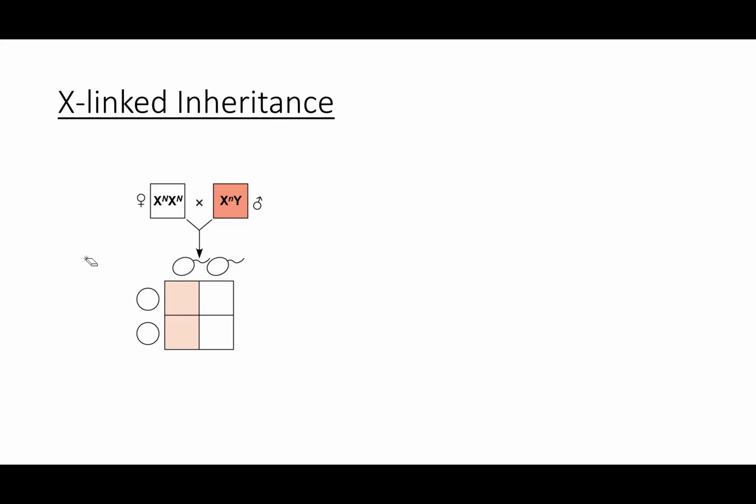X-linked inheritance is just referring to genes that are carried on the X chromosome. And because they're carried on the X chromosome, how many X chromosomes does the male have? One. So how many genes does the male need to express the trait? One.